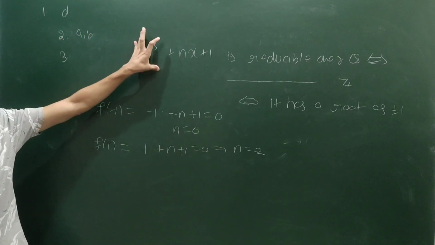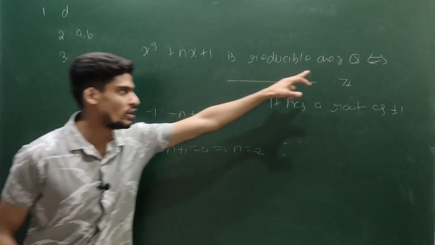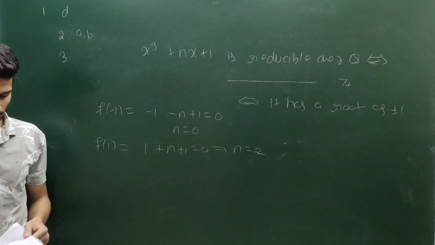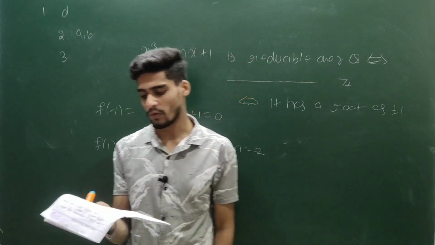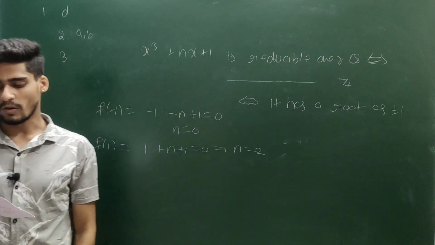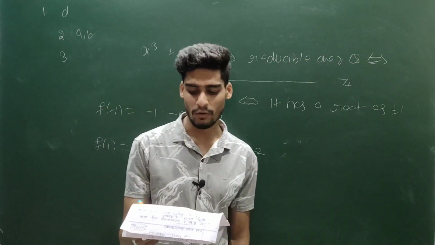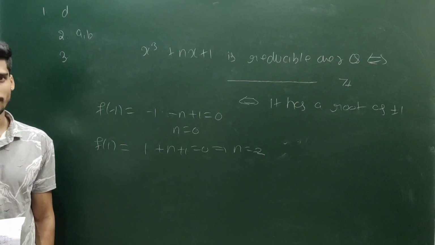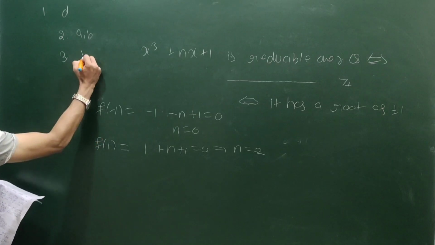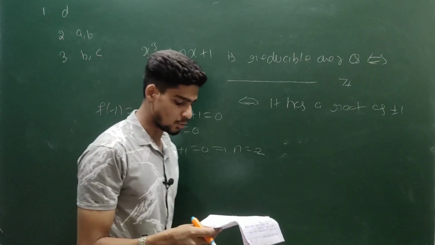So this is reducible if and only if your n value is minus 2 or 0, over Q as well as over Z. So if you see option B and option C, x cube plus nx plus 1 is reducible over Z if n belongs to {0, minus 2}, true. Option C, x cube plus nx plus 1 is irreducible over Z if n is not in {0, minus 2}. So option B and option C will be generally true.